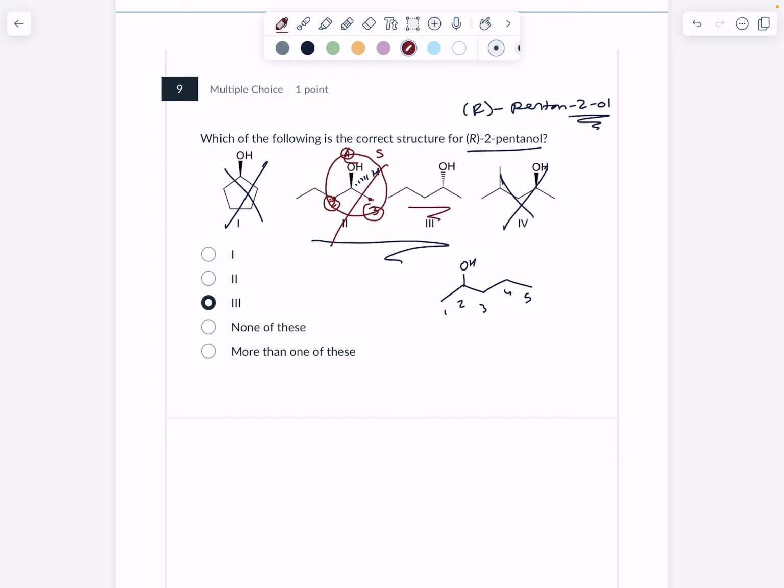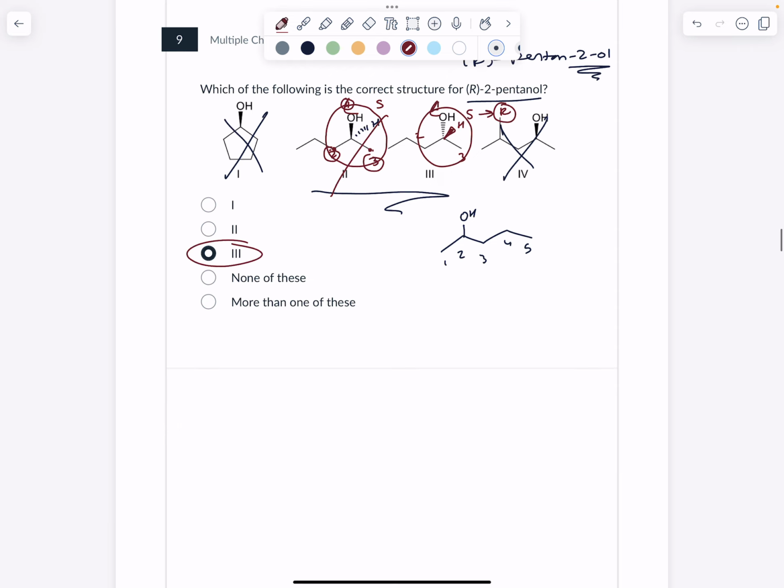This, to me, looks like the mirror image of that, but you can work it out if you want. The hydrogen's pointing towards you, so whatever you're going to get is going to be the exact opposite of what you want. So 1, 2, and 3. And so that's S, but the hydrogen's pointing towards us, so in reality, that's the mirror image, and we get R. So answer choice 3 is correct.